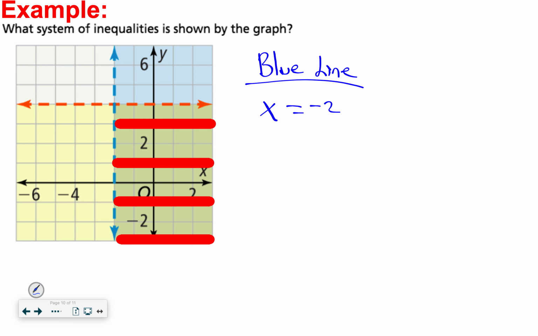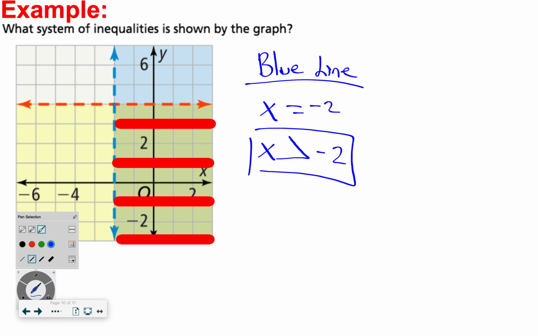But since this is an inequality and it's shaded on the right side, we are going to do x is greater than -2. The inequality doesn't include the equal sign because the blue line is a dashed line. This is the first inequality.